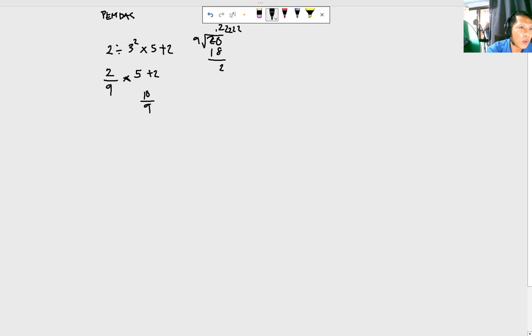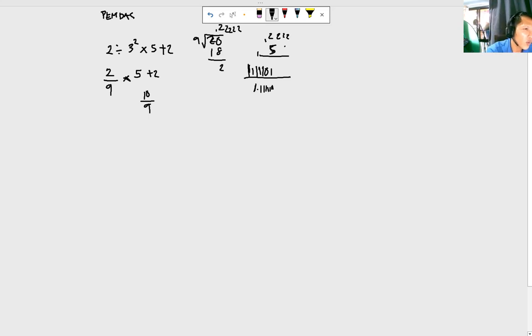You can also take 0.22222 times 5. 5 times 2 is 10, carry 1, and so on, so that gives 1.1111111, because the 0.2 is never ending, so the 1s are never ending.